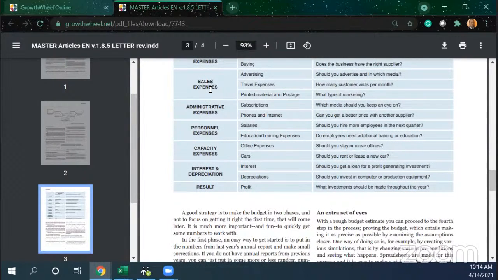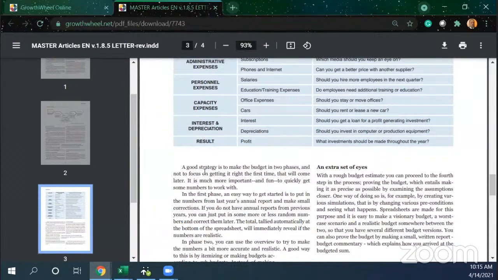If I have to deliver it to you or travel to you or print something when my order comes in, that's the expense around sales. And then you have administrative expenses, personnel expenses, capacity expenses, interest and depreciation on loans and stuff like that. And the result is profit.